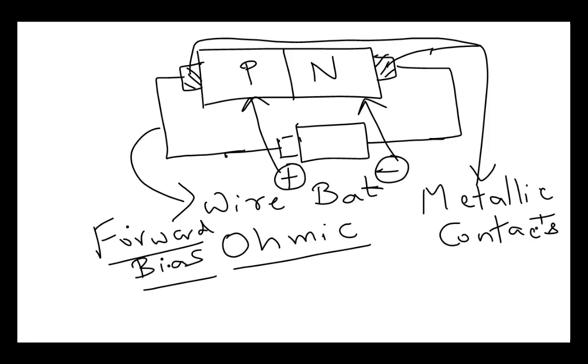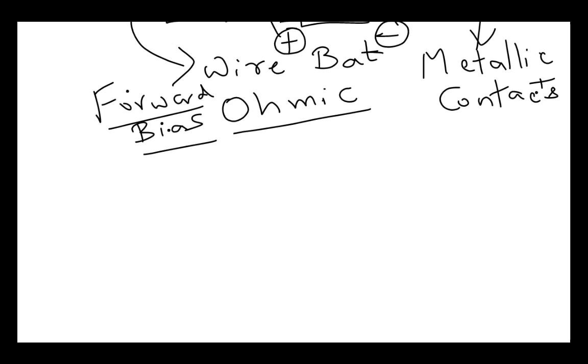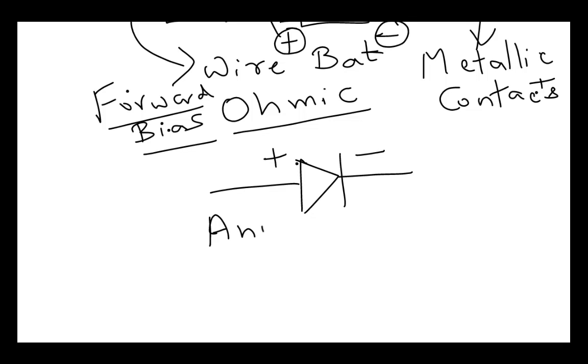Biased diodes are used in many complex applications, and like every other electronic device, we denote this diode with a symbol. So for a diode, this is the symbol. This is the positive terminal and this is the negative terminal. The positive terminal is called an anode and negative terminal is called a cathode.